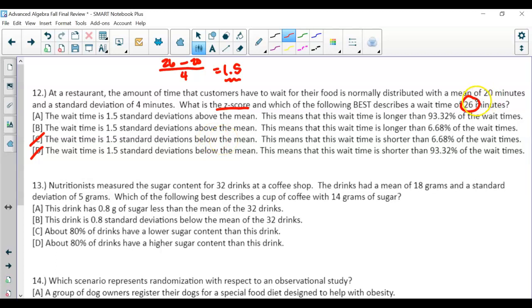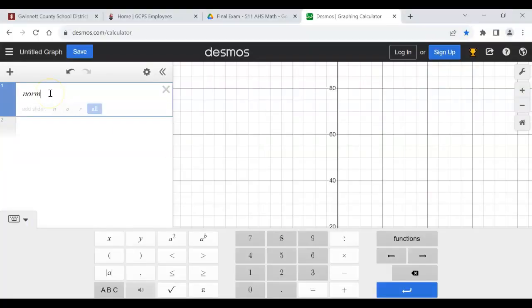Now again, because this is above, to figure out the percentage, we're going to set up that lower bound, upper bound. And because it's above and higher than the mean, that is the upper bound. So again, we're going to use negative a million or negative infinity. So here we go. Again, we're going to get normal distribution.